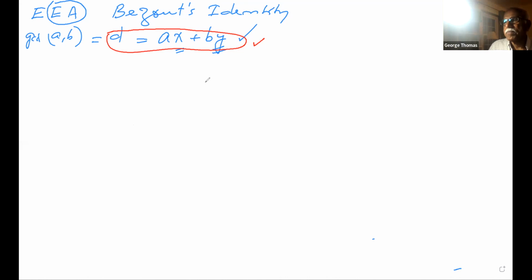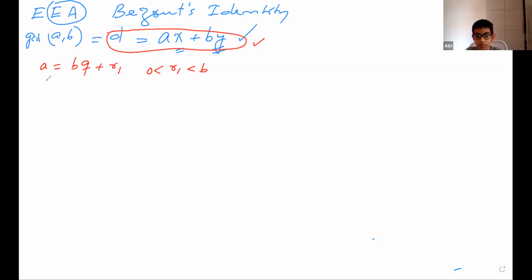Now, if you start with A and B, and let's assume B is bigger than 0, A equals BQ plus R1, where R1 is greater than or equal to 0, but less than B. If it is 0, we are done, isn't it? If it is greater than 0, what do we do? What's the next step?